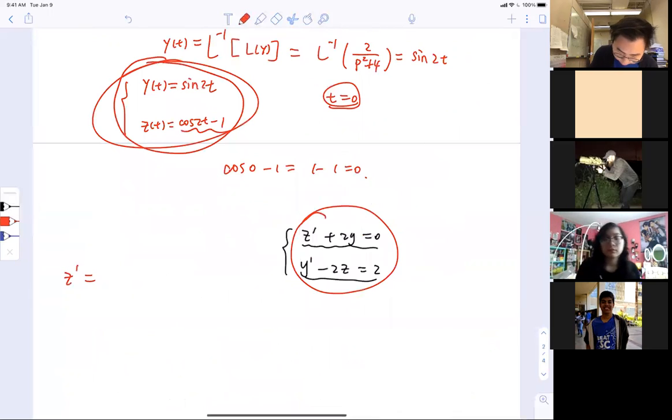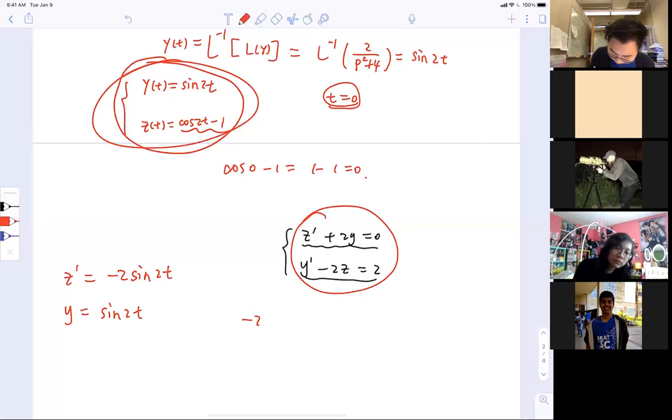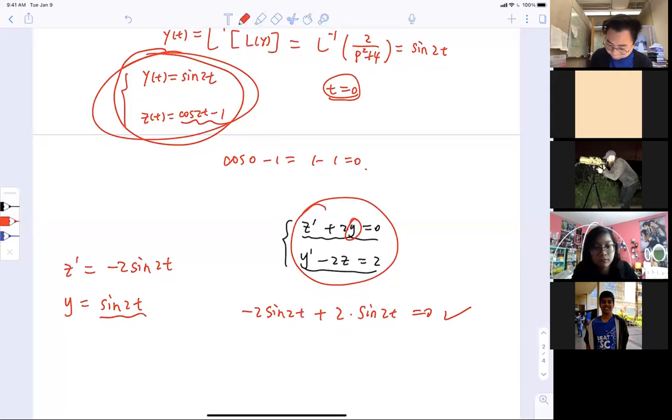According to our solution, z prime is minus 2 sine 2t, right? And y is sine 2t. So z prime plus 2 times y, indeed, is 0. And you can also check the second equation by yourself.